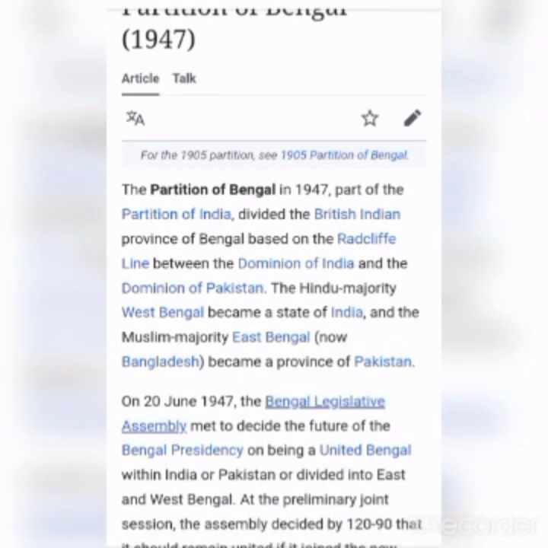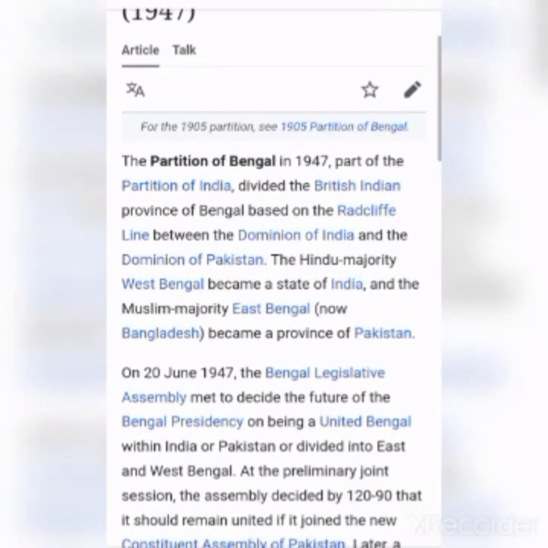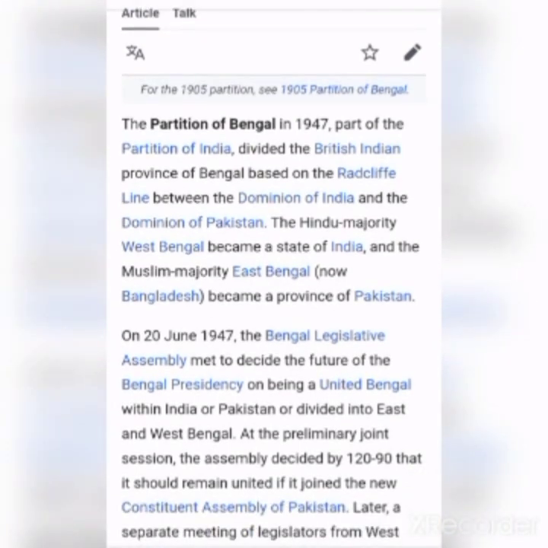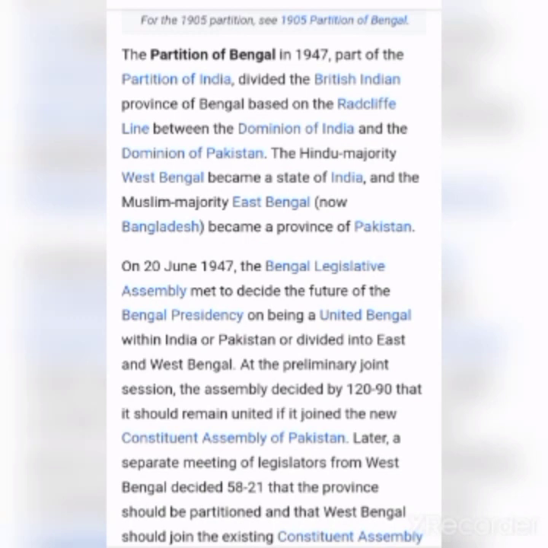The partition of Bengal in 1947 was part of the partition of India. It divided the British Indian province of Bengal based on the Radcliffe Line between the Dominion of India and the Dominion of Pakistan. Hindu majority West Bengal became a state of India, and Muslim majority East Bengal, now Bangladesh, became a province of Pakistan.